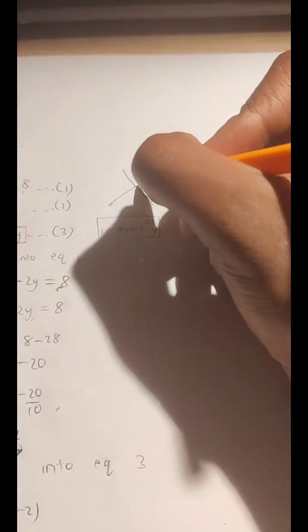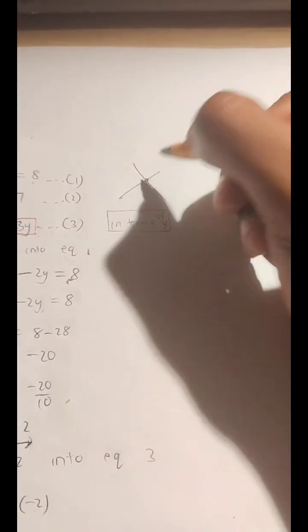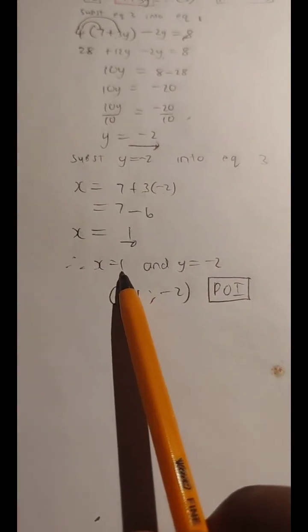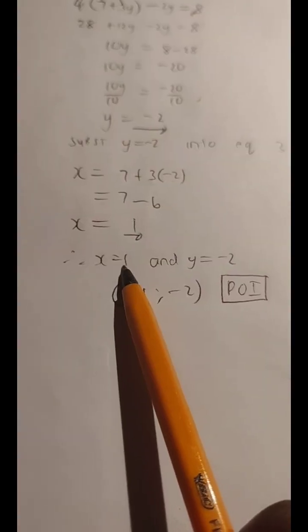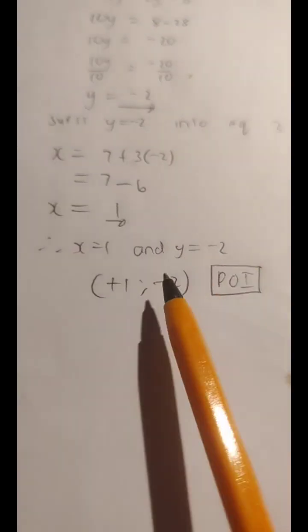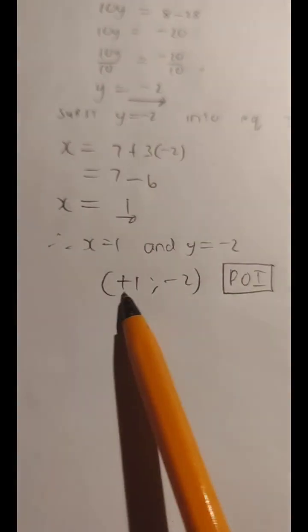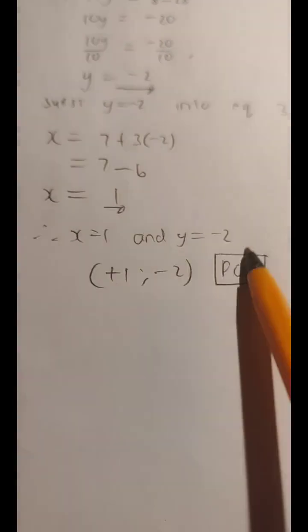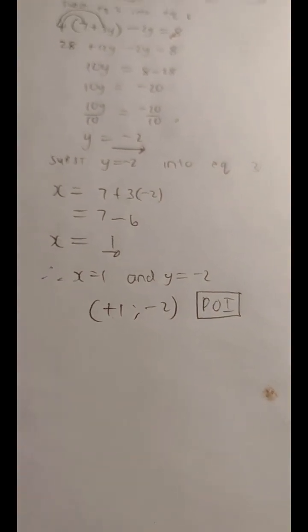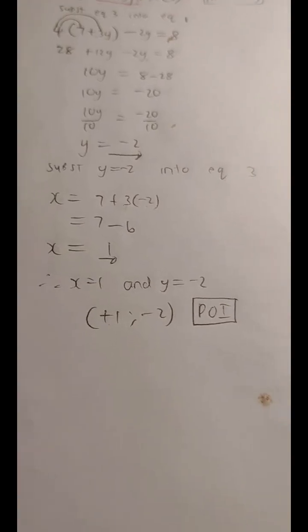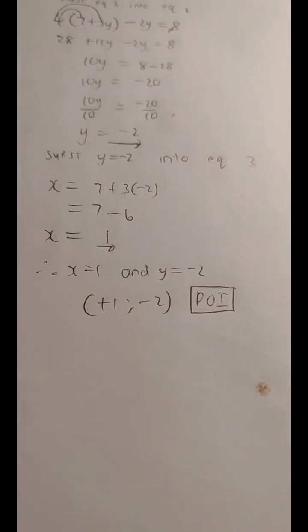Two straight lines will intersect at a point. Where they intersect, this is the point where x is 1 and y is negative 2. That's where those two lines intersect. It's at positive 1 and negative 2.